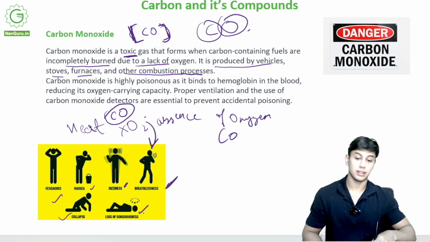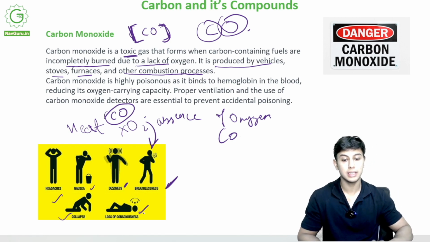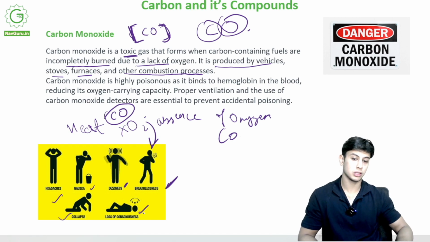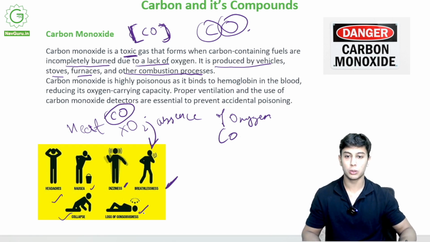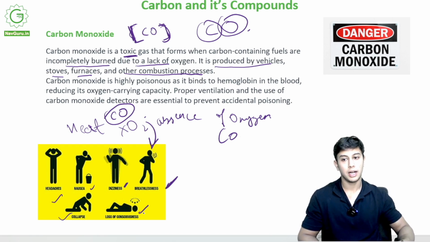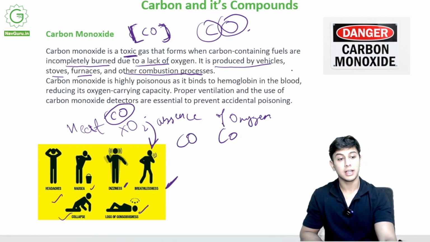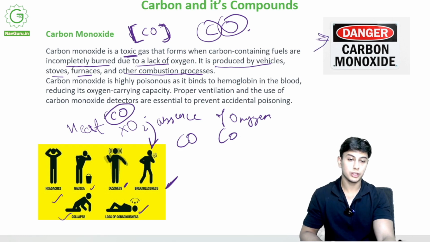I have felt that. I have felt carbon monoxide, and this also happened once. One family had an angeeti in their home, they closed all the doors and they slept, and all of the family died because of carbon monoxide. It is dangerous. So whenever you are burning something, make sure there is a lot of oxygen present.